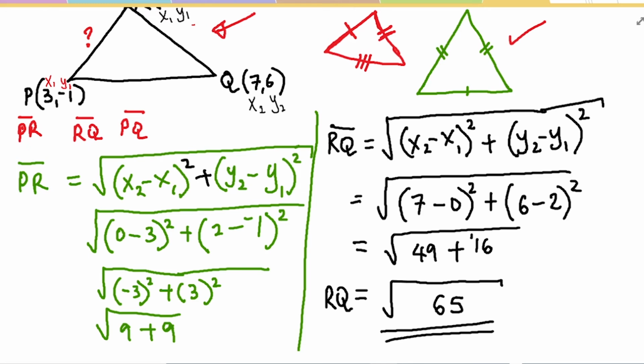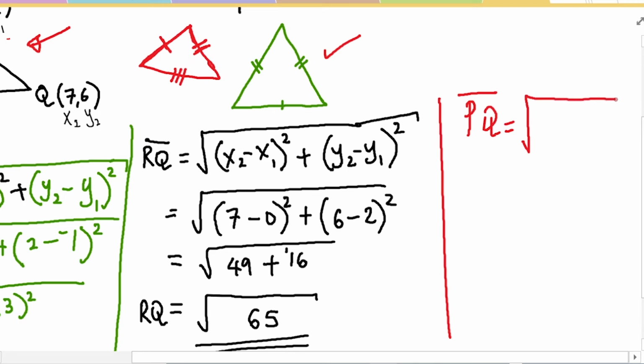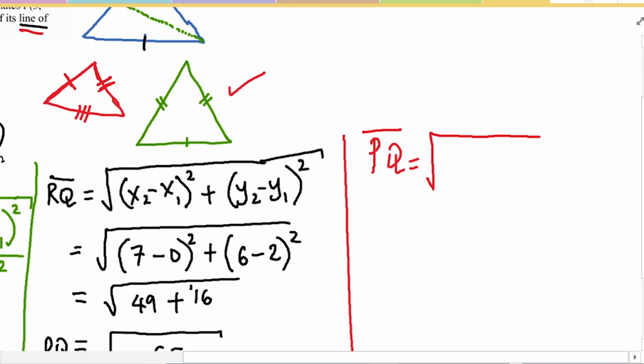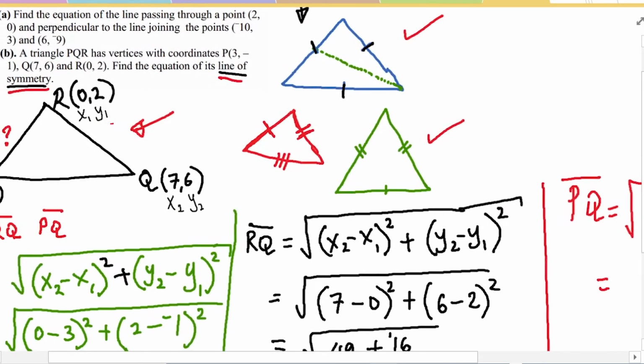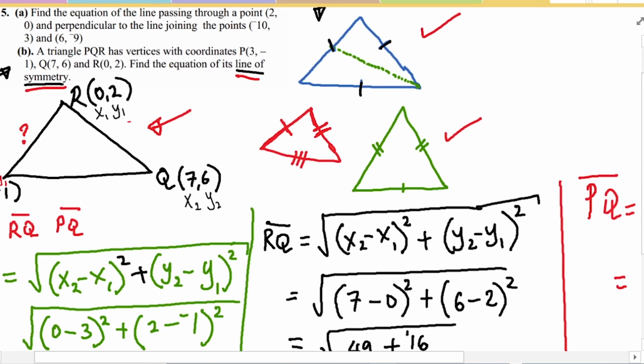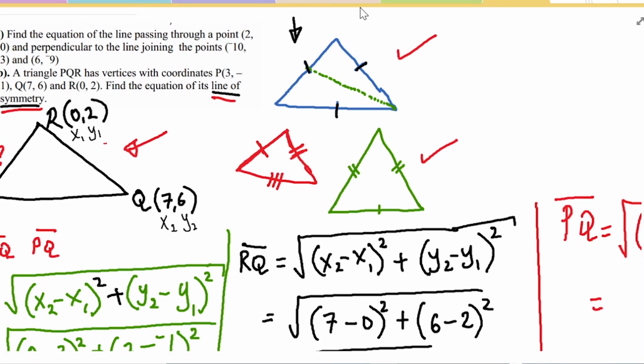Okay, so let's go on and get the remaining, which is PQ. Line PQ, again, we are going to use the same formula: x2 minus x1 plus y2 minus y1. What is our x2 and what is our x1? We're looking at PQ. To avoid over scrolling, let me put these here.